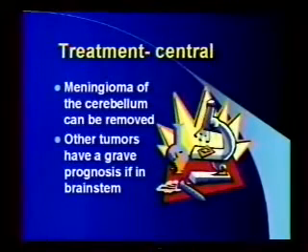If they have a meningioma, a type of tumor that arises from the coverings of the brain in the cerebellum, that can oftentimes be removed, and usually has to be radiated, and then their signs completely recover. The other tumors that might actually be right in the cerebellum that are primary tumors or metastatic tumors have a very grave prognosis, and if they are actually right in the brainstem, they can have a grave prognosis also.